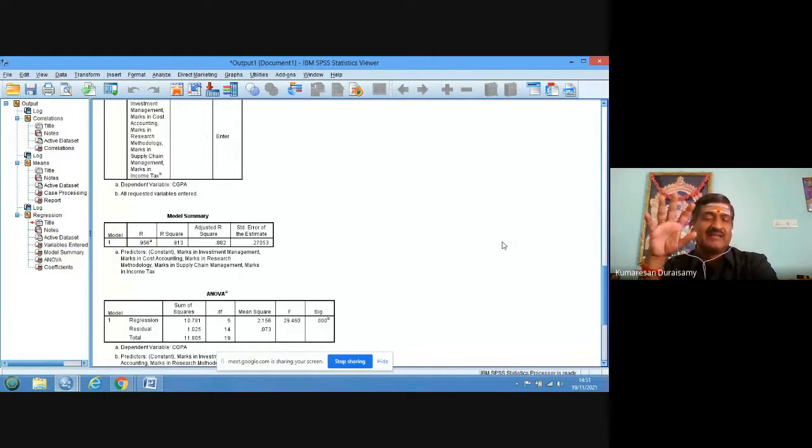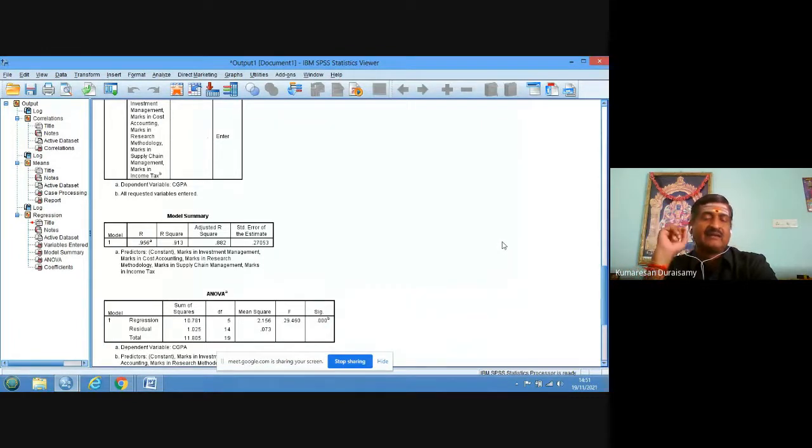These are only a few subjects we have considered. There may be some other subjects also. We do not know. We have taken only 5 subjects. So the coefficient of determination says to what extent these 5 subjects contribute to the CGPA.